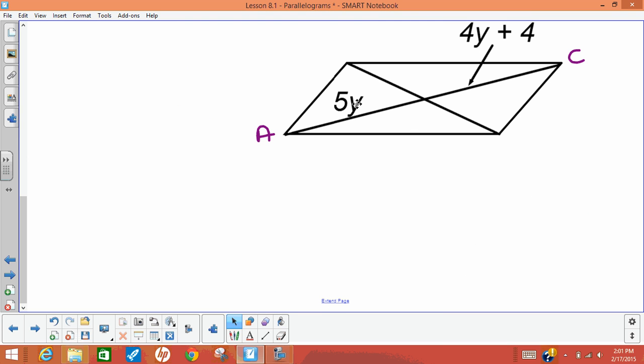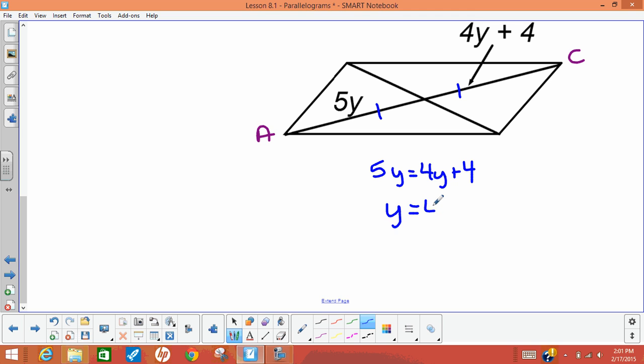The diagonal is bisected by the other diagonal, so we know that these two pieces are congruent. So we can set them equal. Solve for y: subtract 4y from both sides, and get y to be 4. So kind of similar to a lot of stuff we've done: take a property, apply it to a situation, set up an equation, and solve.